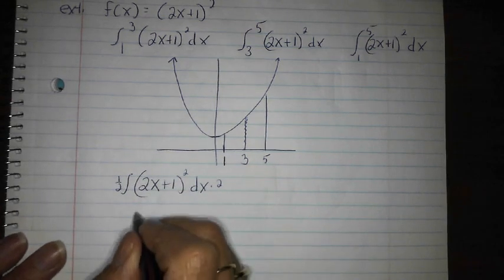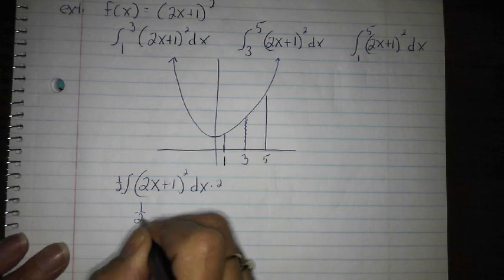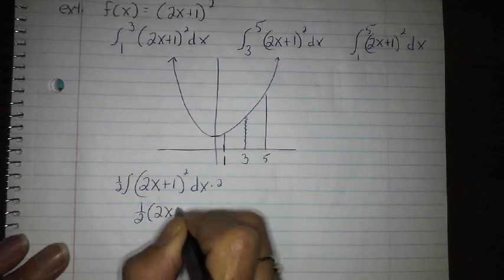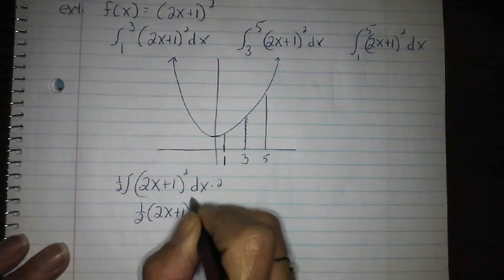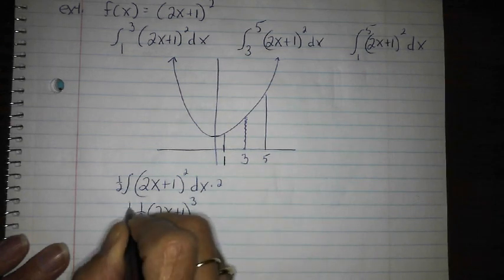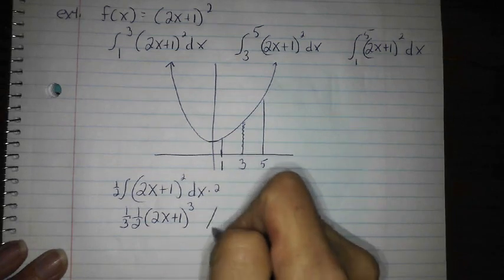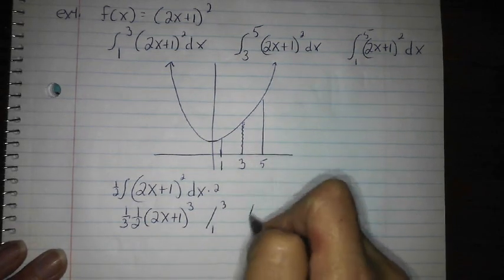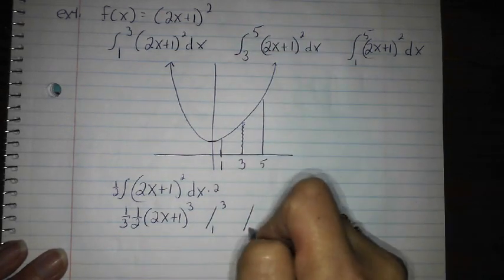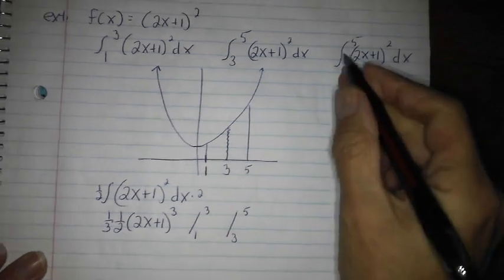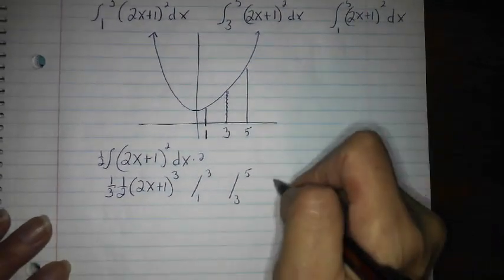Do a power rule. We have 1/2 times (2x plus 1) to the third times the reciprocal. So the first one we're doing is from 1 to 3. The next one we're going to do is from 3 to 5. And the last one we're going to do is 1 to 5.